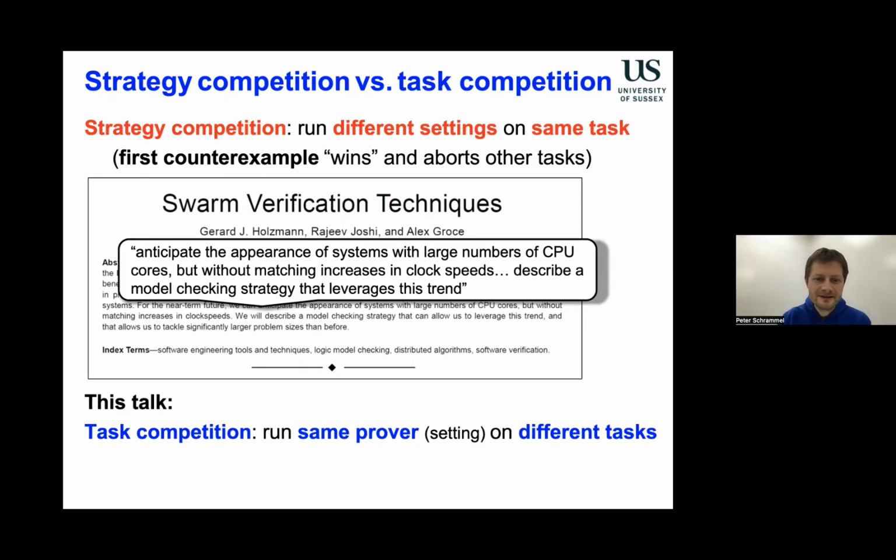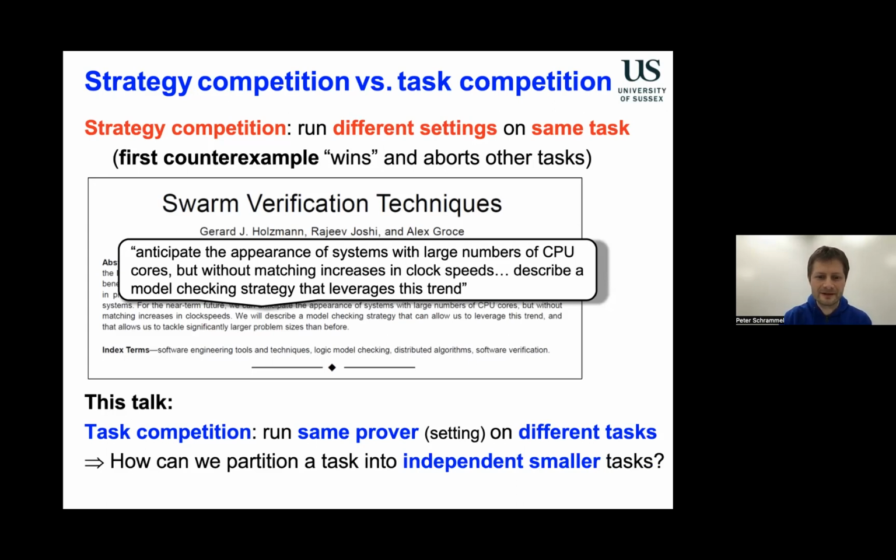In this work, we looked at something different called task competition. We use the same tool with the same settings, but on different tasks. As I said before, it's important that these tasks are truly independent, so that the approach doesn't suffer from a communication overhead.